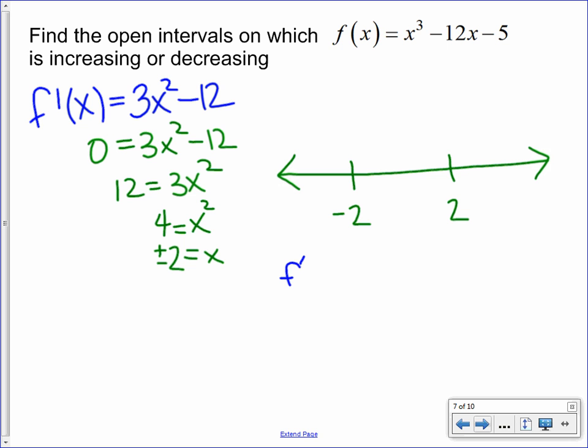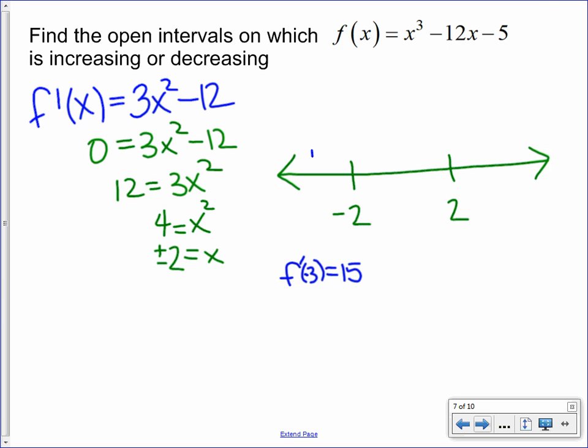So let's plug -3 into our derivative. 15. Yes. I feel like 3 times 9 minus 12 is 15. So it's positive, right?